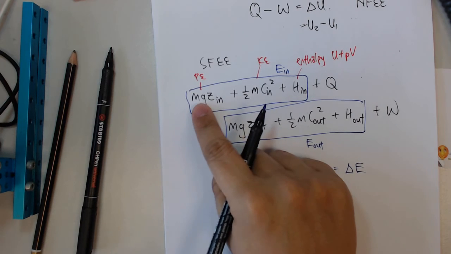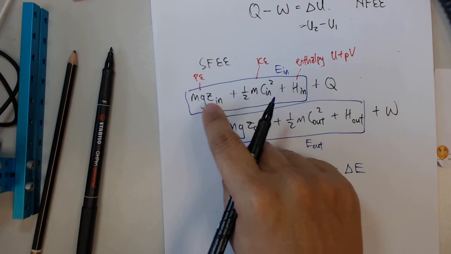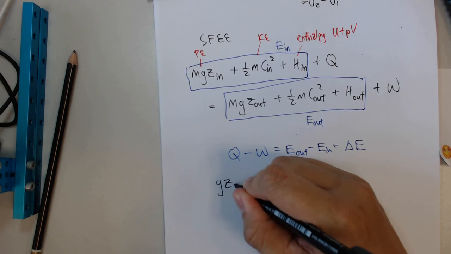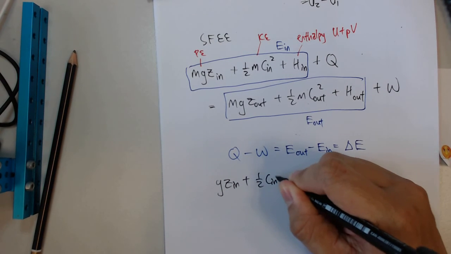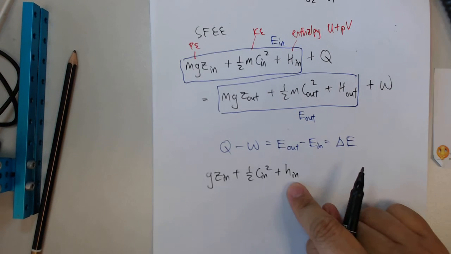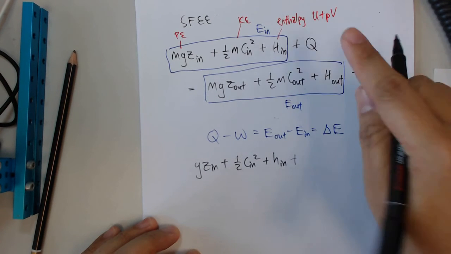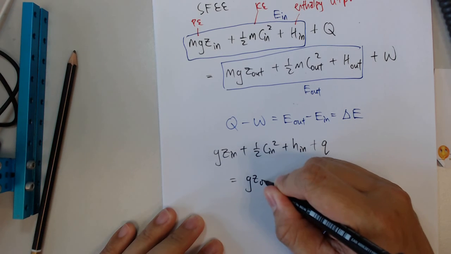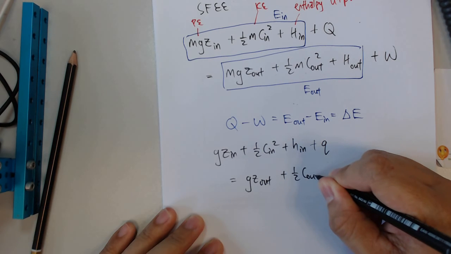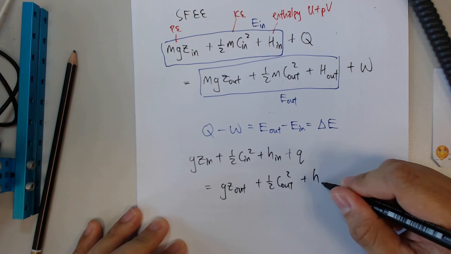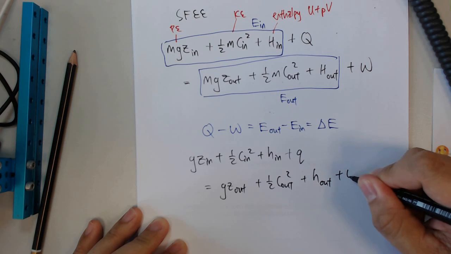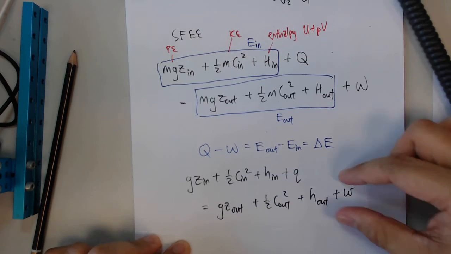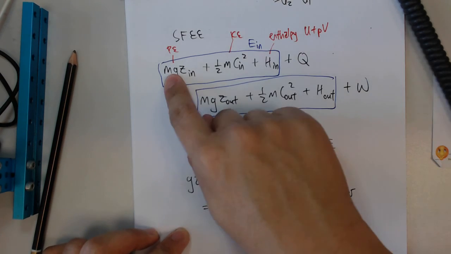And if you divide by mass on every term in the equation, you will get gZ in plus half C in squared plus small h in, the specific enthalpy, plus Q, which is also per kilogram, so becomes small q, equals gZ out plus half C out squared plus specific enthalpy out plus small letter w. So this is the SFEE at specific level, and this is the SFEE at the whole system level, including all the mass.